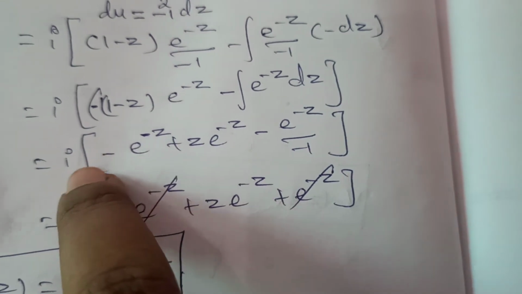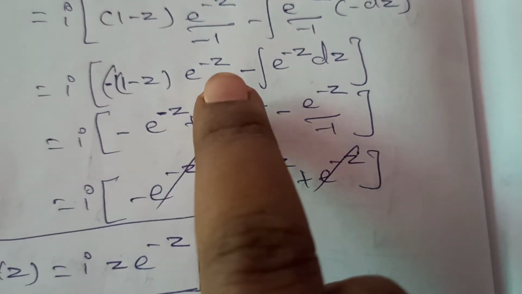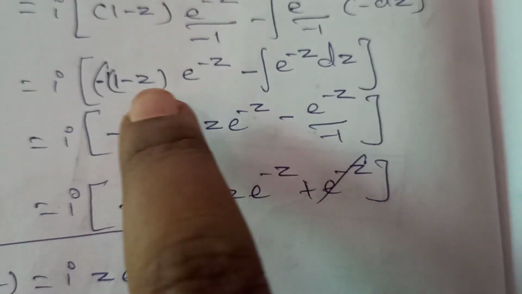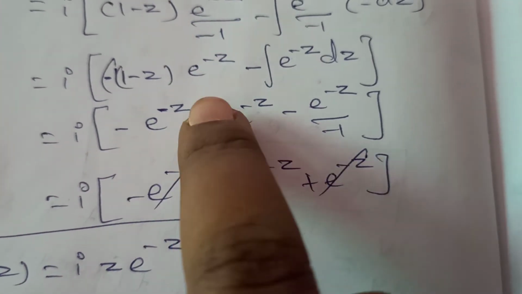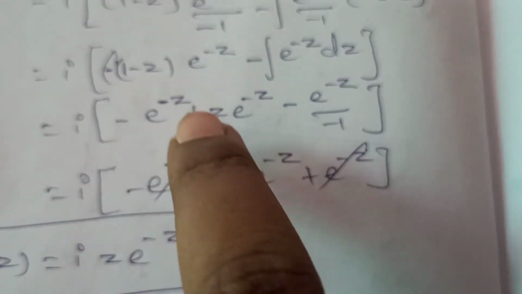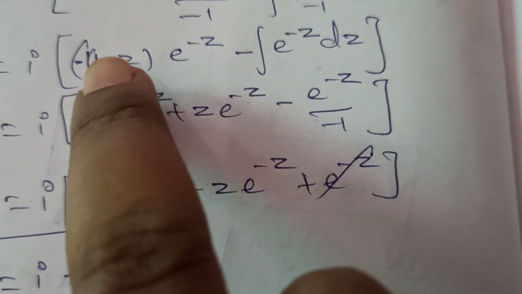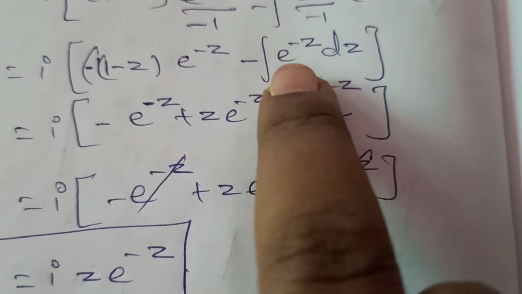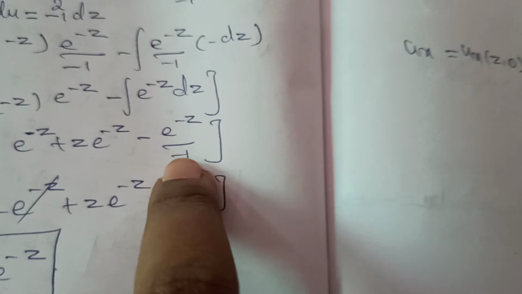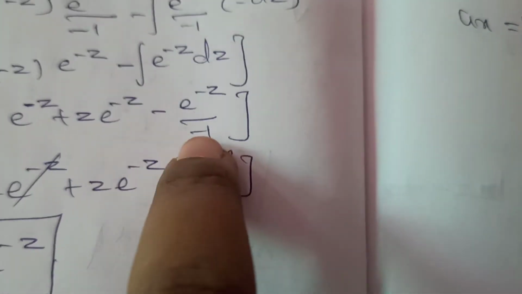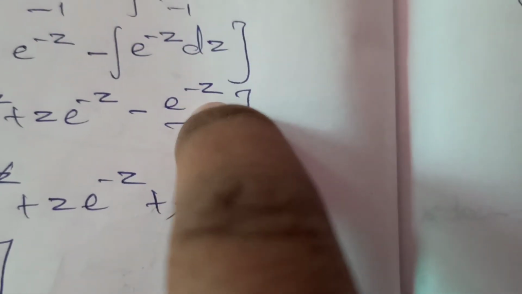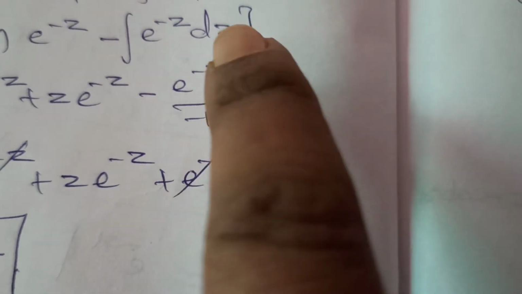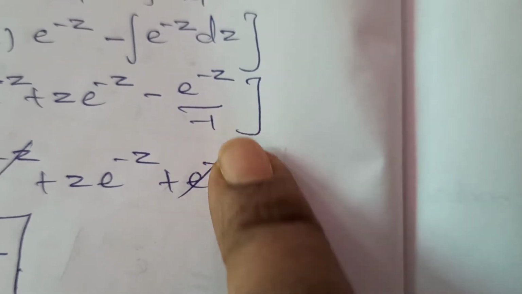That is equal to I into e power minus z multiplied inside: minus e power minus z, and minus into minus gives plus z into e power minus z, minus integration of e power minus z. Integrating e power minus z gives e power minus z divided by the derivative of the power, which is minus 1.